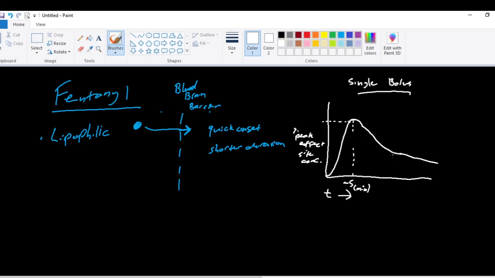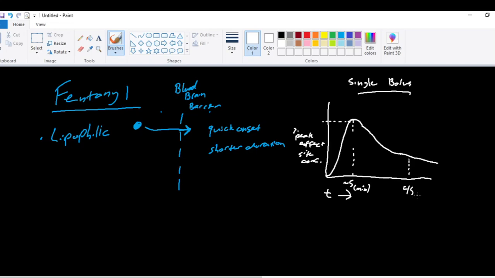The duration of action: although the number of molecules at the site where it wants to be most effective, the central nervous system, decreases over time, it still has this duration of action. The duration of action will last about 45 minutes, usually 30 to 60 minutes.